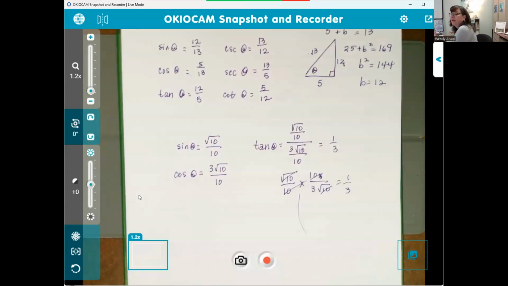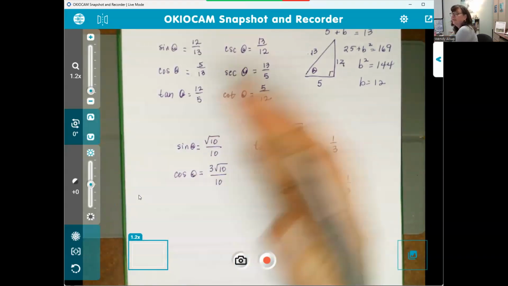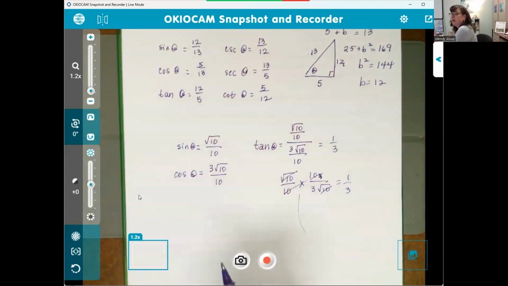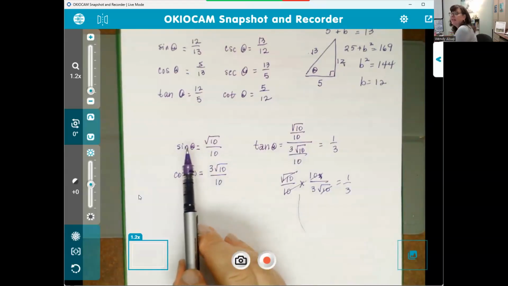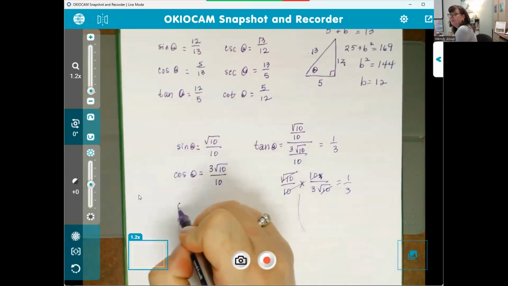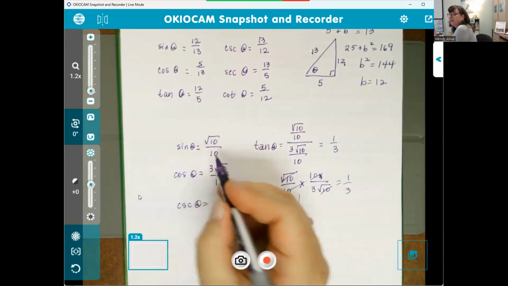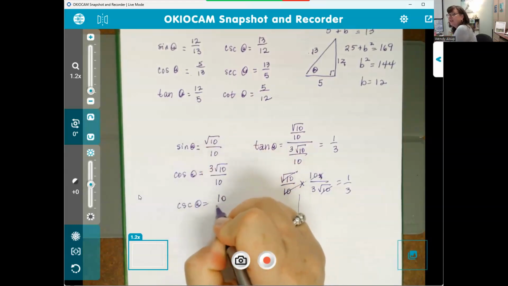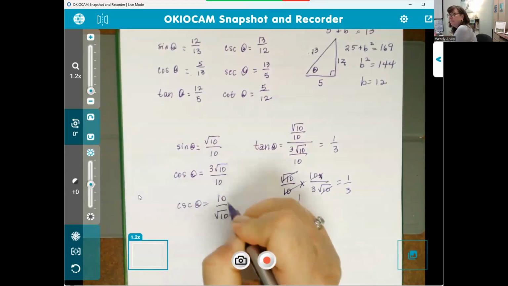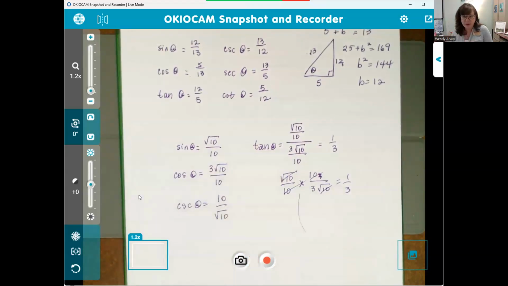Now, we don't even have to draw the triangle. You could if you wanted, but you don't have to. The cosecant of theta is going to be the reciprocal of root 10 over 10. That is 10 over root 10. But if you remember anything from previous math classes, you know we do not leave radicals in the denominator. We have to rationalize our denominator.